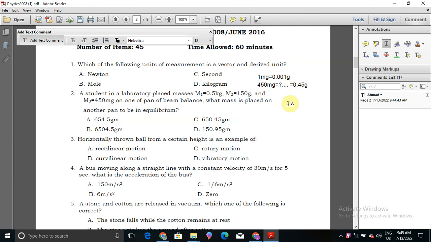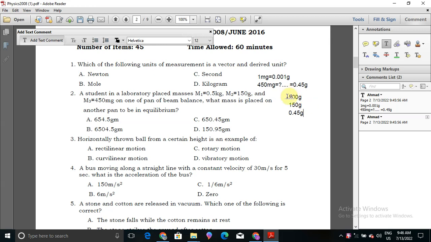Now we have 3 masses in gram. The first is 500 gram. The second is 150 gram. And the third is 0.45 gram.